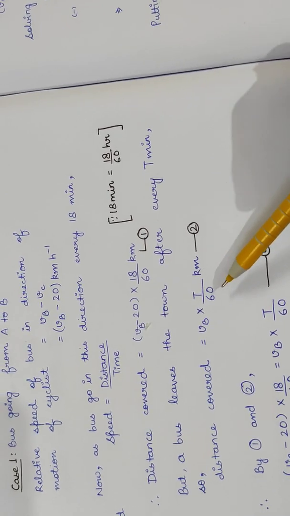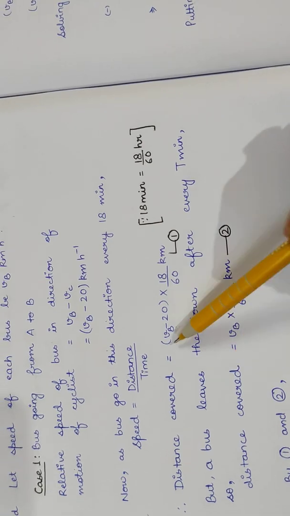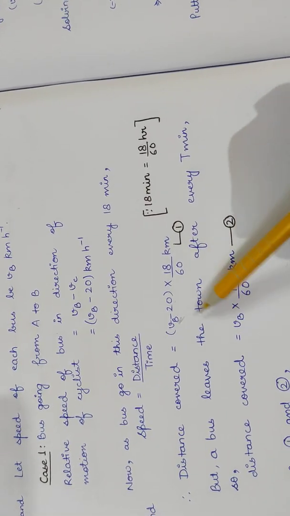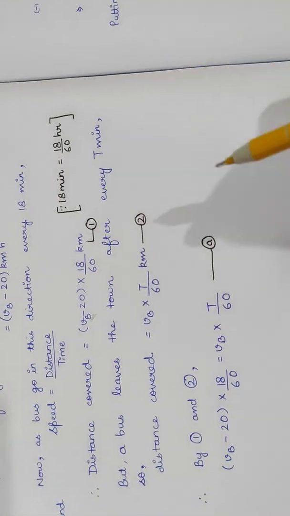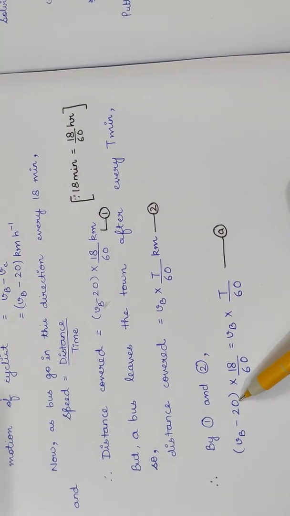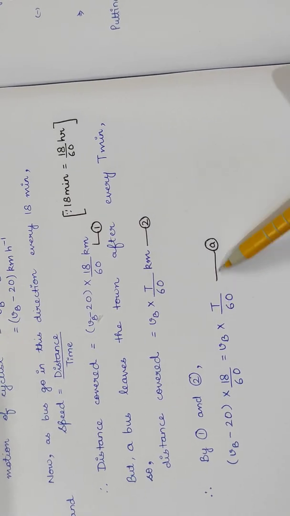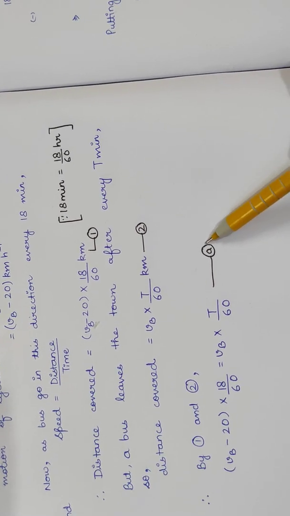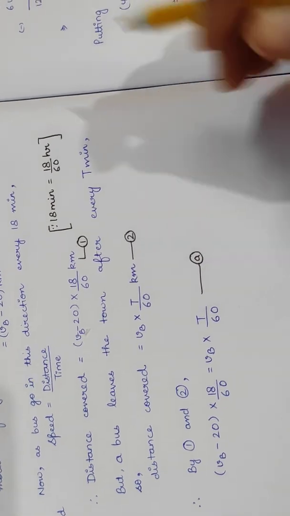So this is the second relation we are getting. Both of these are distance covered, so we can equate both of these. By equations 1 and 2, we get (Vb minus 20) into 18 by 60 is equal to Vb into t by 60. Let us mark this expression as A.